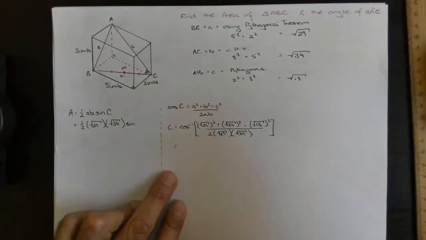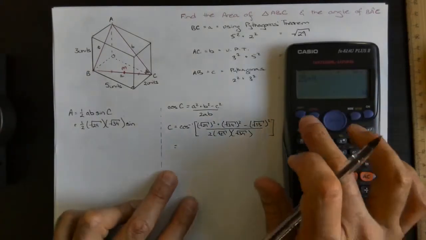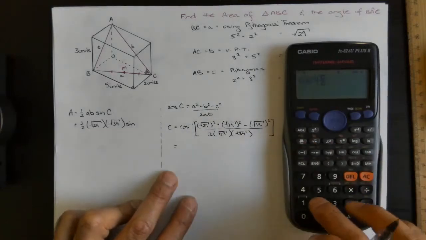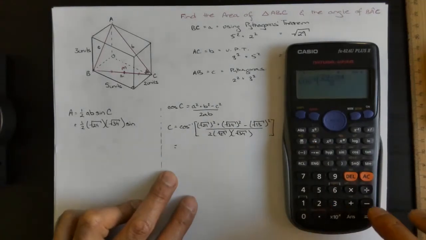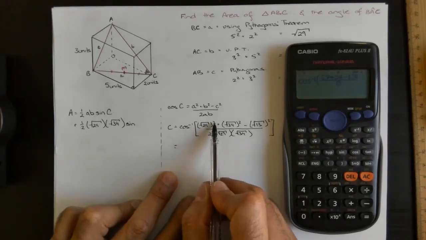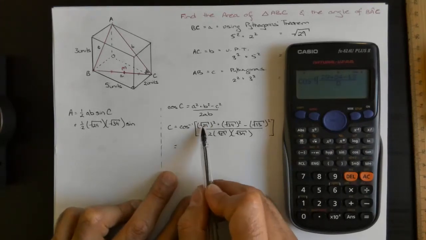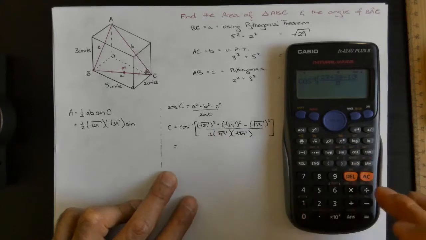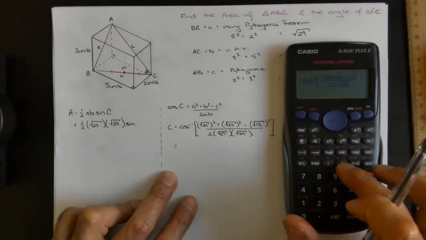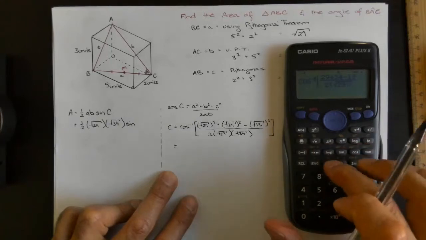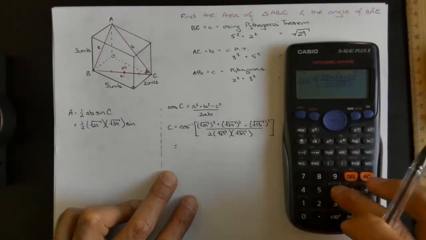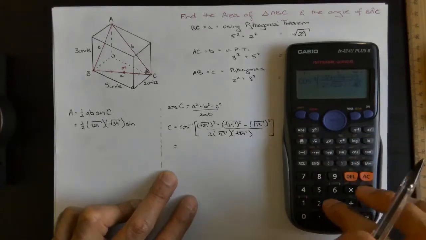Okay, so now I'm just going to plug that into my calculator. Inverse cos of 29 plus 34 minus 13, because a square root to the power of 2 just cancels out and becomes 29, all over 2 lots of square root 29 times square root 34.